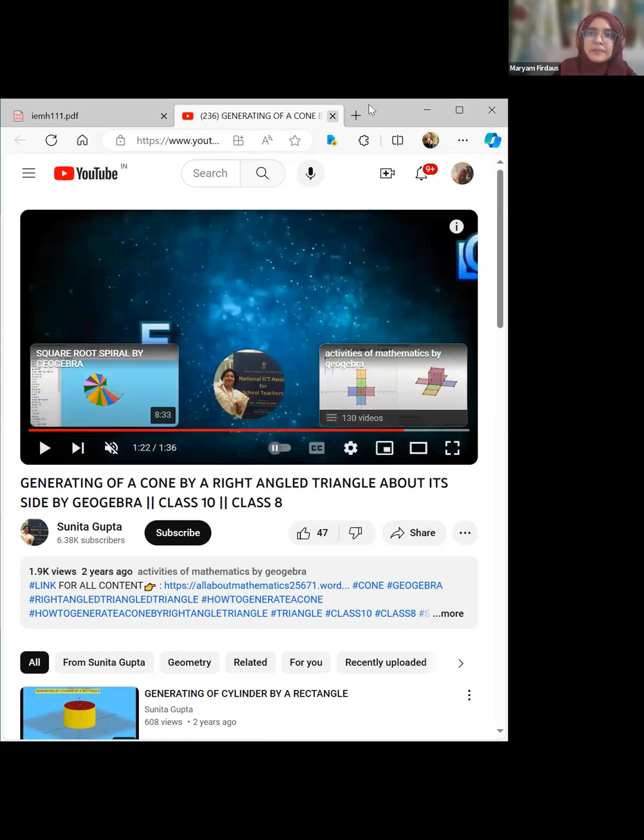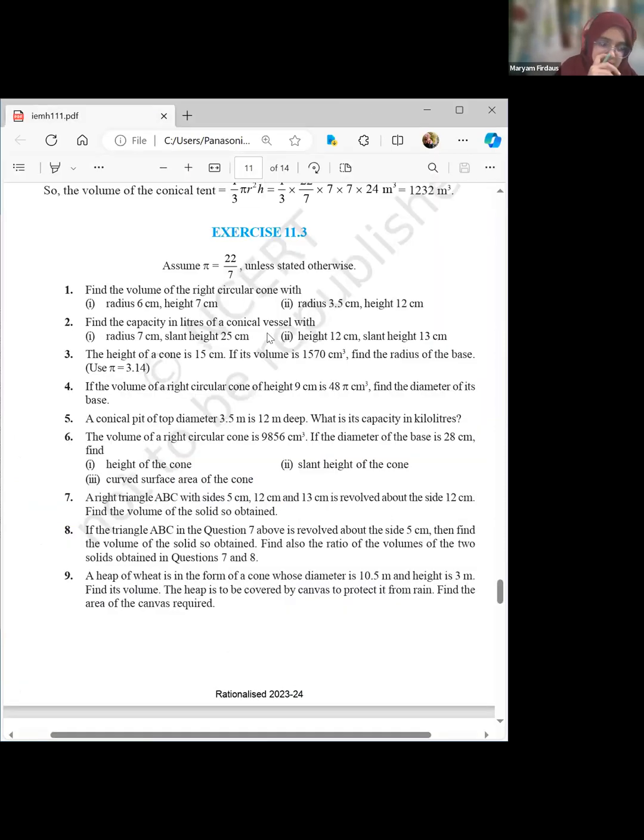It won't be an exact shape, but most probably a cylinder, kind of. What shape will you get if you rotate a rectangle?